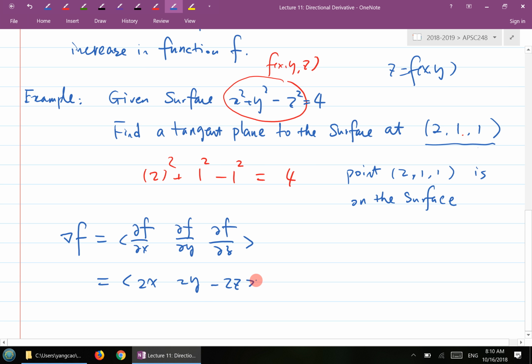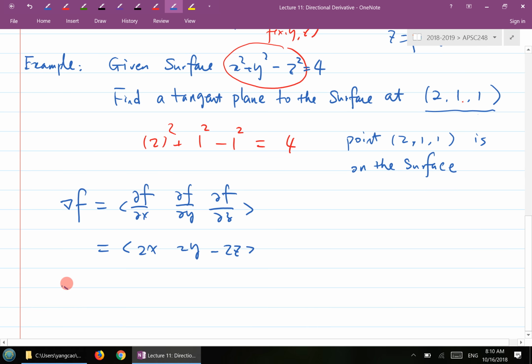That's the gradient vector at any location, and we need the gradient vector at the location (2, 1, 1) to construct the normal vector. So del f at (2, 1, 1), plugging x with 2, y with 1, z with 1, we get (4, 2, -2). That's the gradient vector, which is a perpendicular vector to that surface at that point.